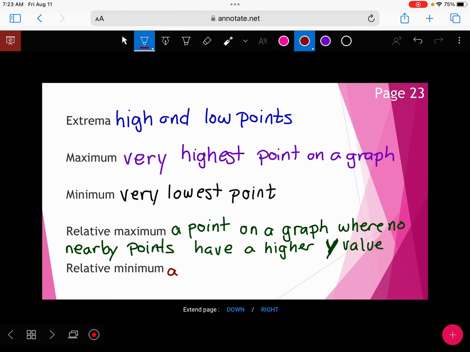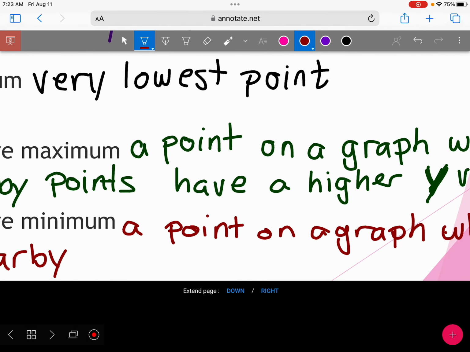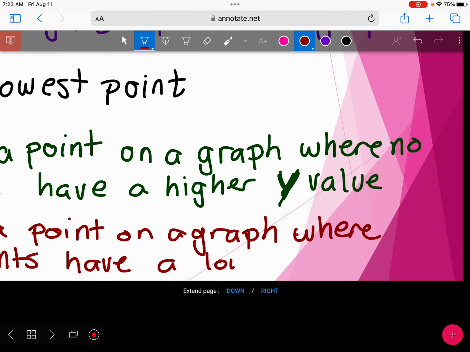It's a point on a graph where no nearby points have a lower y value.